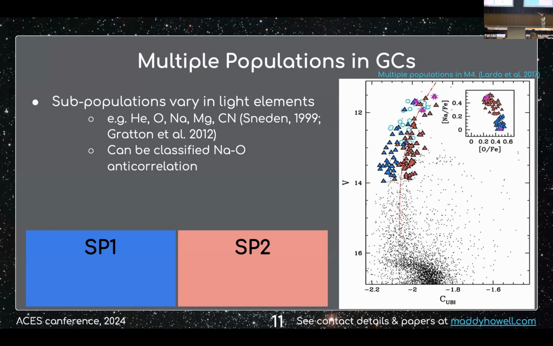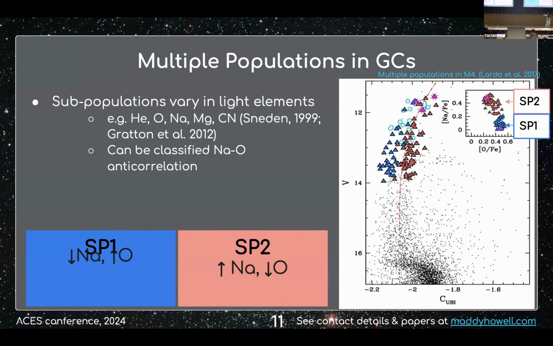This is a CMD for M4, and the inset is showing the sodium and oxygen abundance space. So using the notation SP1, which stands for subpopulation 1, and SP2, SP1 stars are lower in sodium and higher in oxygen, and SP2 stars are higher in sodium and lower in oxygen.